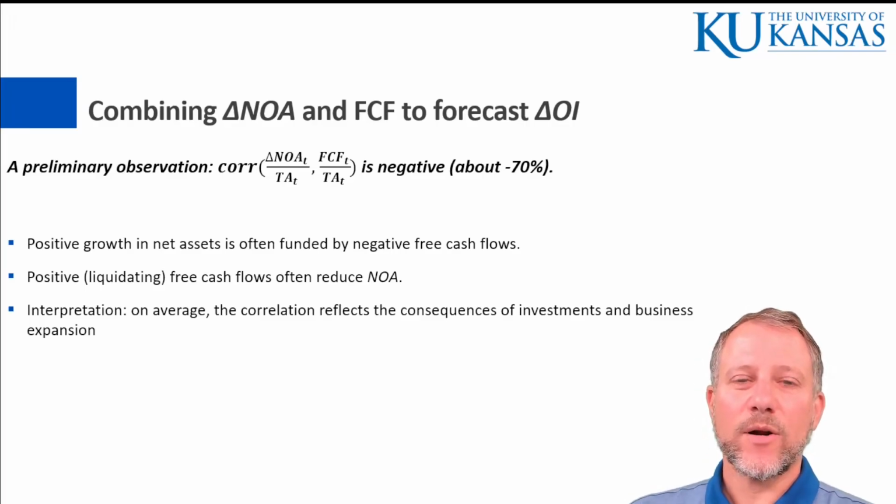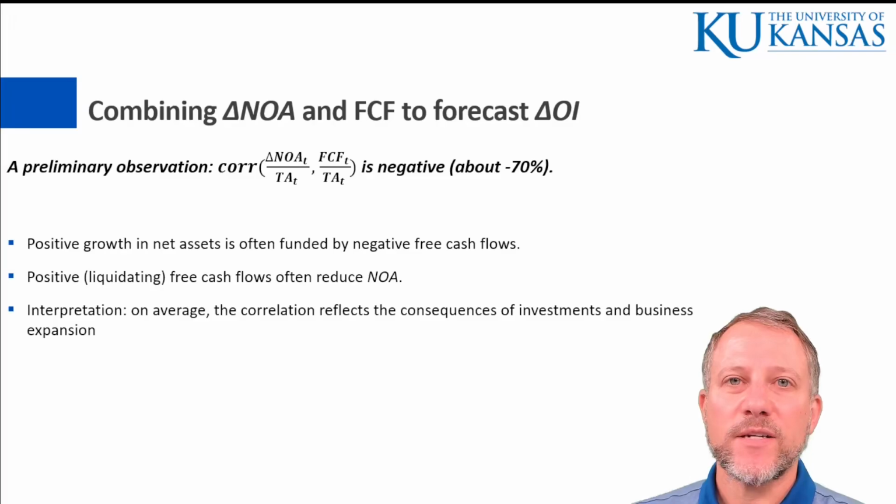One last thing that I want to point out is that while on average this negative correlation is driven by business expansion, I want to mention the second point on the slide: this negative correlation can also play out towards the end of the company's life cycle when it's more mature. If you start paying out free cash flows, and maybe they're liquidating, that's going to be associated with decreases in NOA.